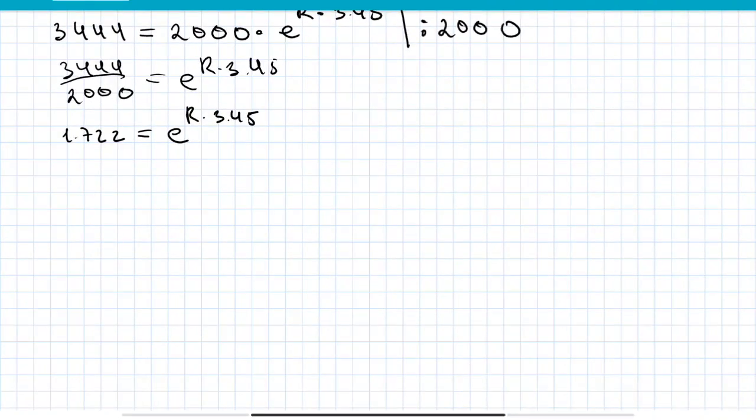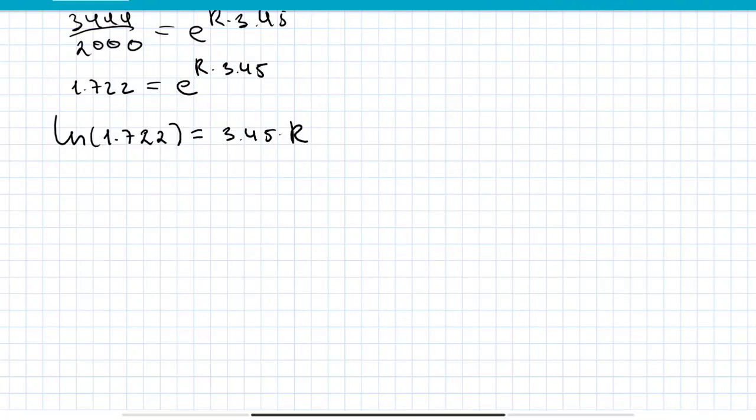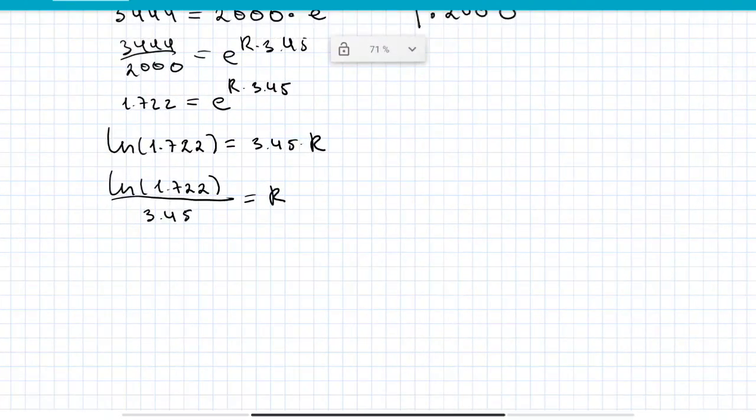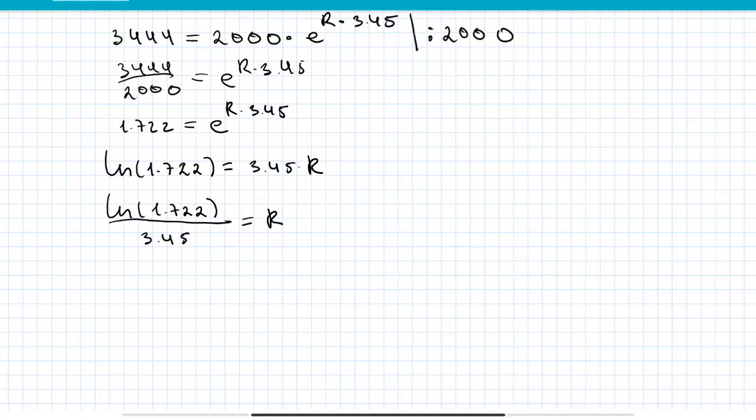Now we're going to do the same with the natural logarithm. The base is the same, so we just put these values. It's going to be just 3.45 multiplied by R, and ln of that. You could also keep the same fraction and take the ln like this, and the difference will be minimal.